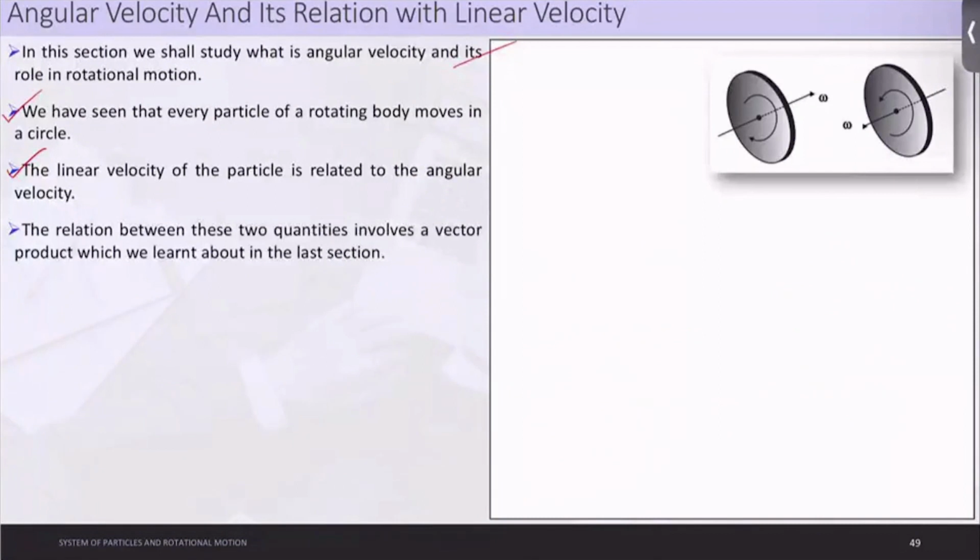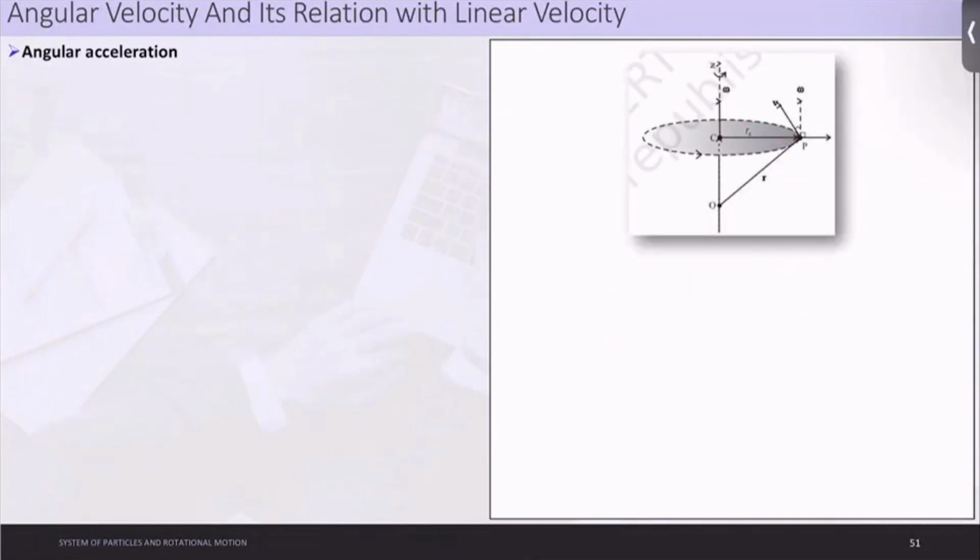Let us understand the new concept, that is angular acceleration. So what is angular acceleration? It is a rotational motion quantity analogous to linear acceleration.